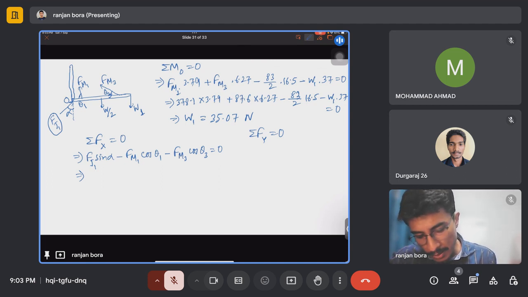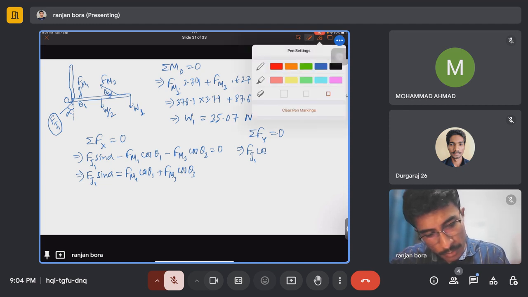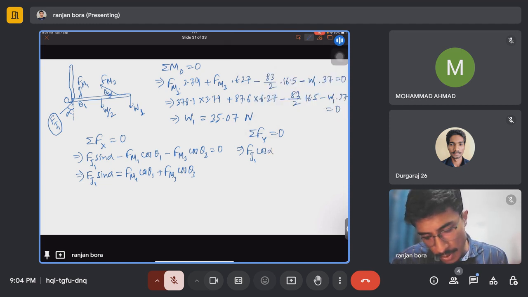Now we will put here Fj1 alpha, Fm1 cos theta 1 plus... and if we do summation Fy equal to 0, it will be Fj1 cos alpha.